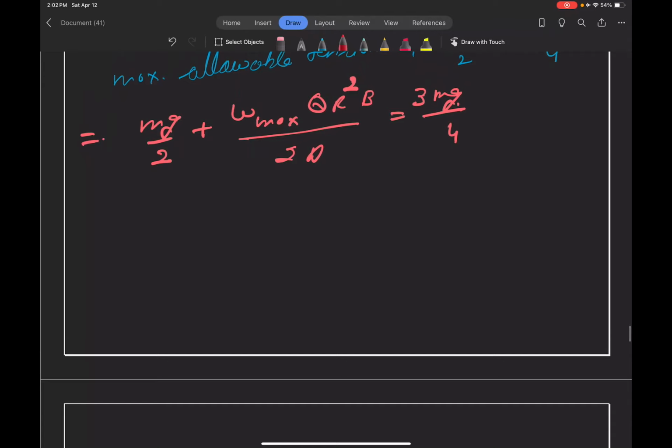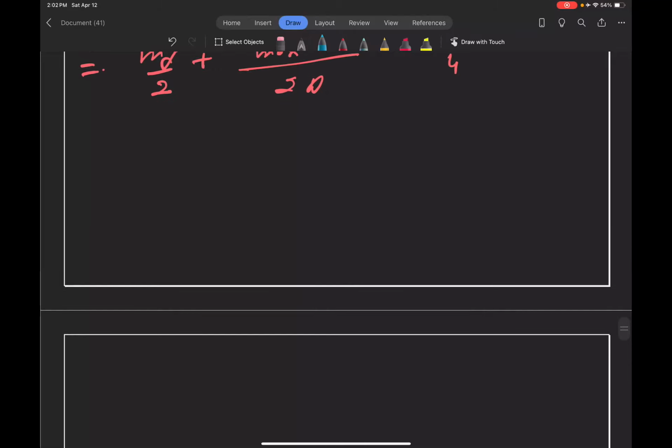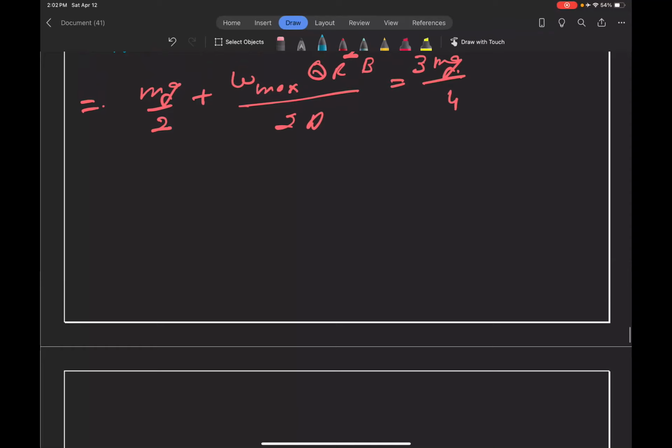Now this is a quite simple, straightforward calculation, and from here we have mg by 2 on one side and 3 mg by 4 on the other.